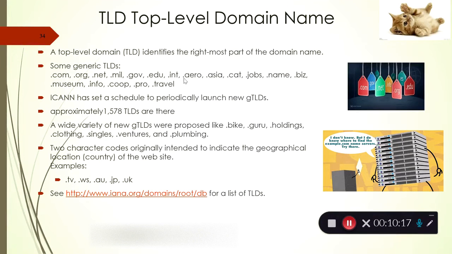Let's say we have millions of domain names connected to arrow. If you use that top level domain name, the server will easily go to that particular domain name server, and it can easily pick a particular domain that is stored under that top level domain name.